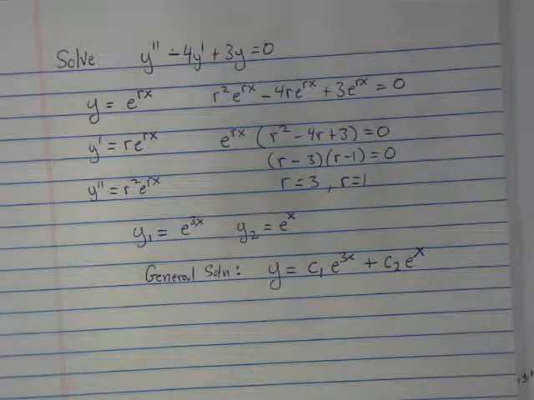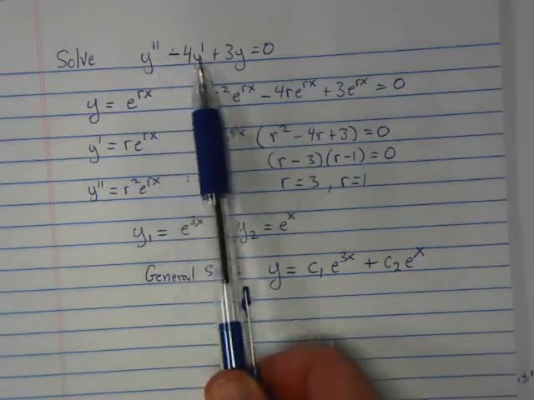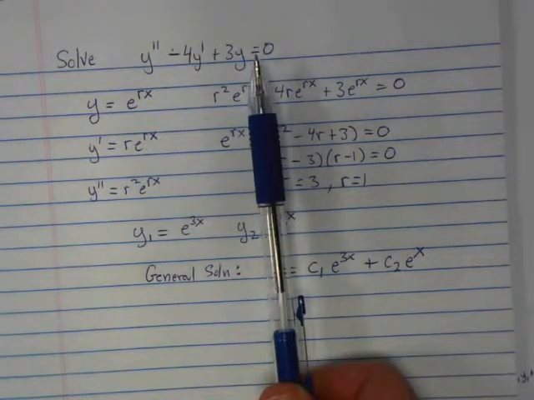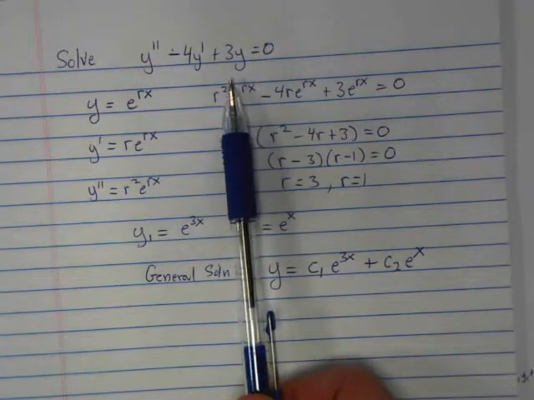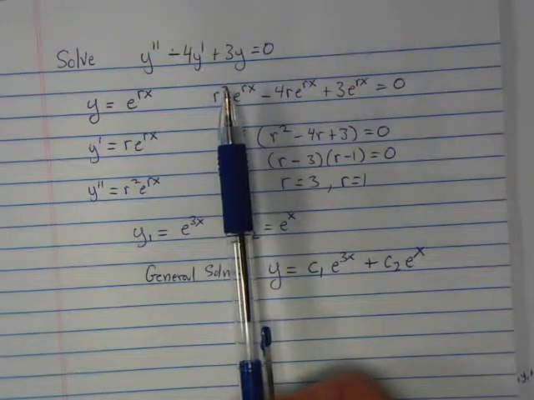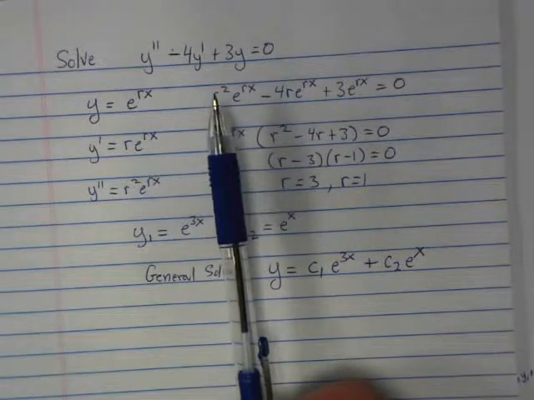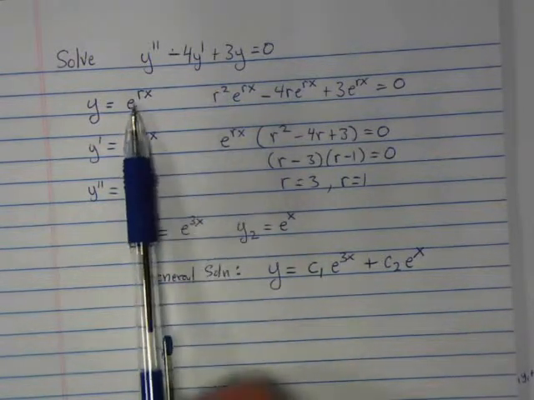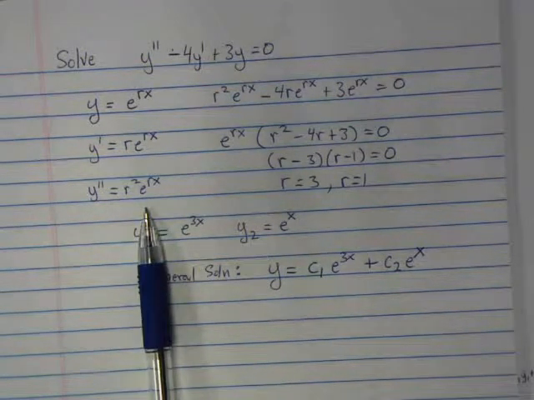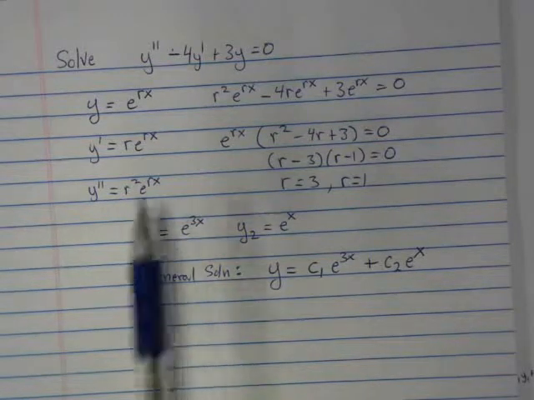All right, so here's the big question. We started with a second order differential equation. Where was the calculus involved to solve this second order differential equation? There was some taking derivatives. We had to take these derivatives and plug them in. But notice what's going to happen.